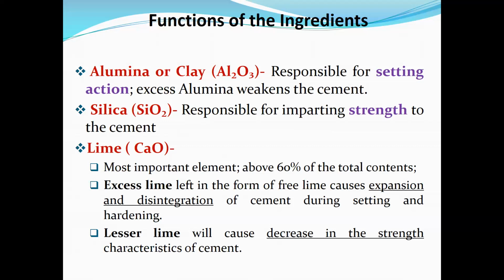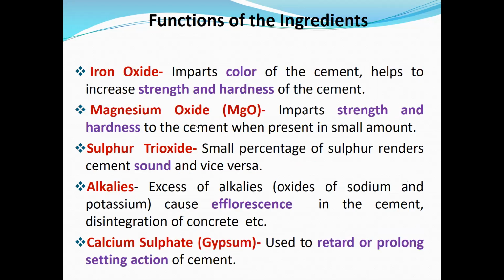That means it does not take part in the chemical reaction of the manufacturing process, and it remains as free lime, which later causes expansion and disintegration of cement during setting and hardening. So the right proportion of lime should be used. If you use less lime, that will also cause a decrease in strength, because cement ultimately makes a bond, which gives strength.